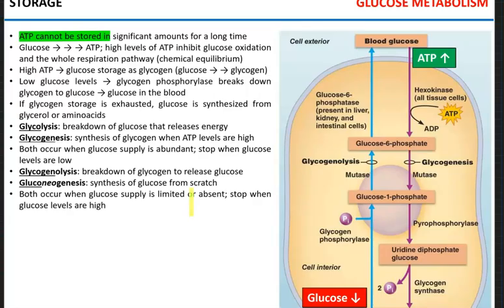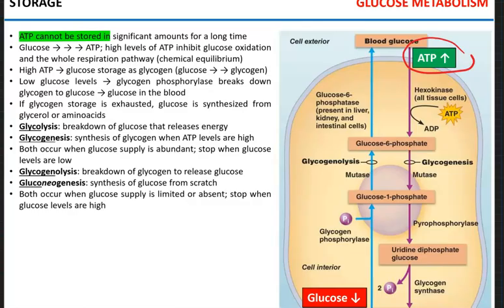So, when blood glucose increases, when glucose is supplied all the time, it means that ATP levels, I misspoke, ATP levels go up.